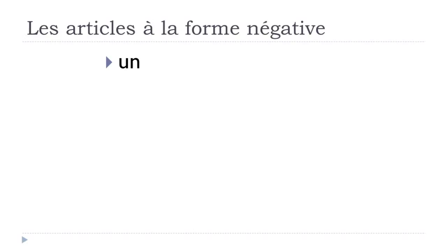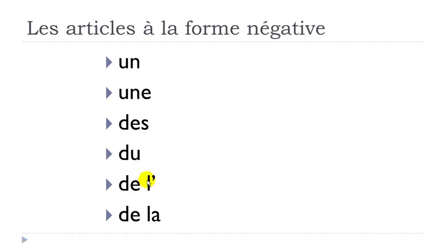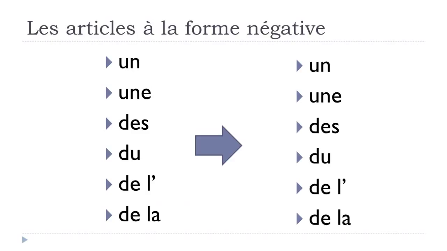All right? So now we can have the rule. So when we've got un, une, and then des, so what we saw, les articles indéfinis, or then if we've got du, de le, or de la, okay, so in that case it's the partitive. Remember that if you use them with c'est at the negative form, they will stay exactly the same.